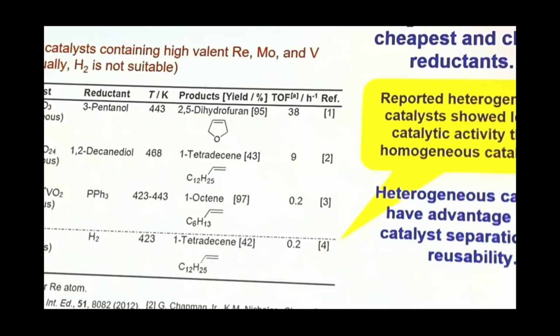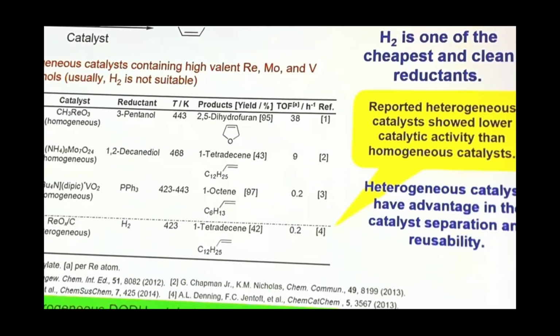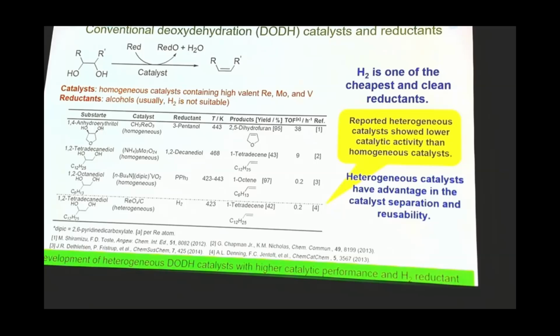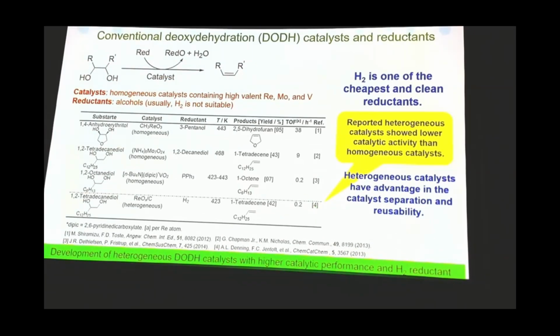This is a report by Professor Gentoft. She is one of the organizers of this conference. This is a pioneering work, but the activity is not so high. The reported heterogeneous catalysts show lower catalytic activity than homogeneous catalysts.